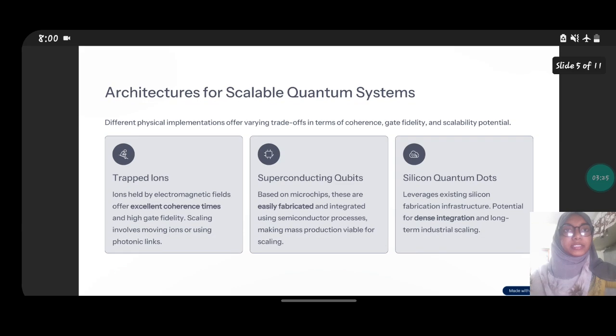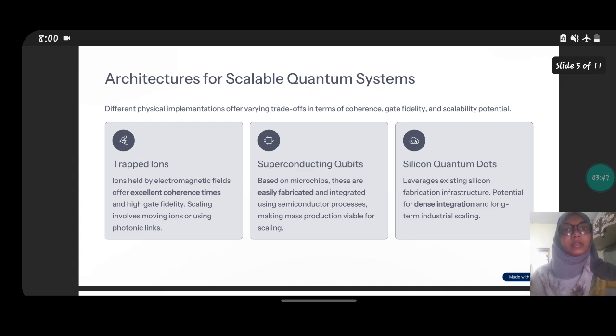So, architectures for scalable quantum systems. There are three different types of physical implementations in scalable quantum systems: trapped ions, superconducting qubits, and silicon quantum dots. Trapped ions, held by electromagnetic fields, offer excellent coherence time and high gate fidelity. Scaling involves moving ions or using photonic links.